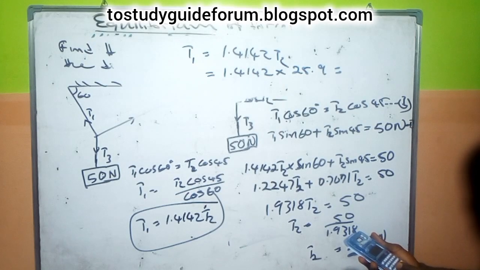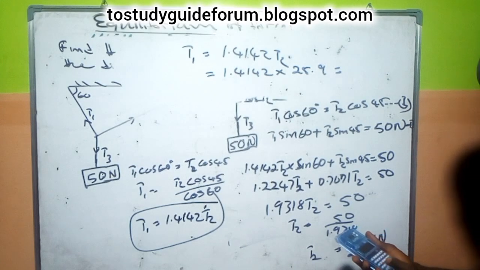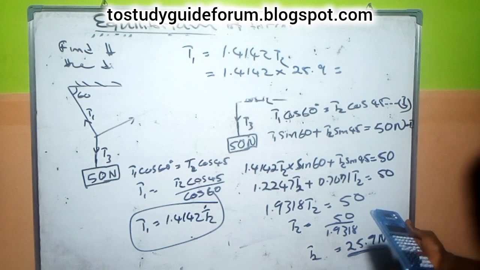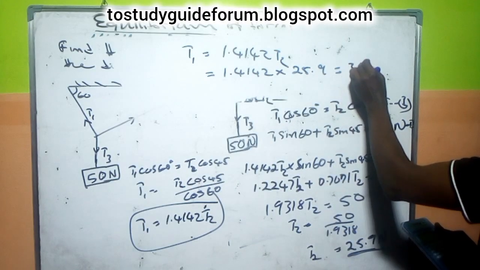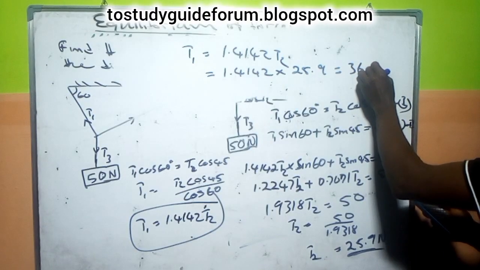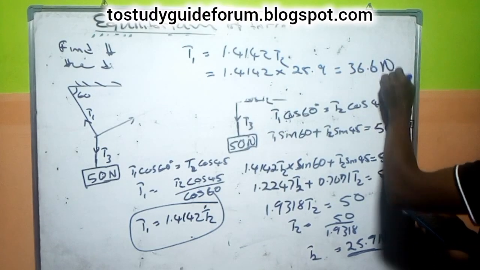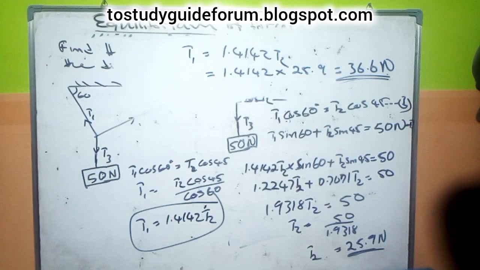So what we get is 36.6 Newton. That is where we are going to be stopping.